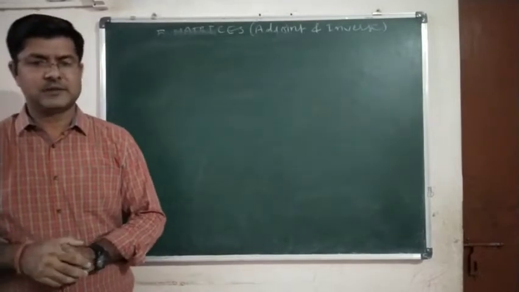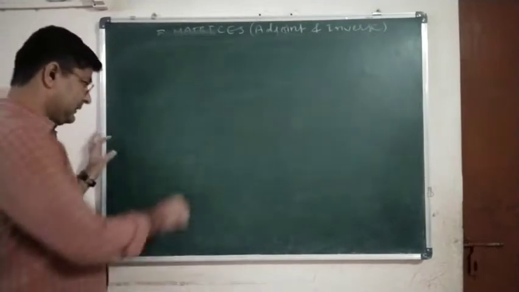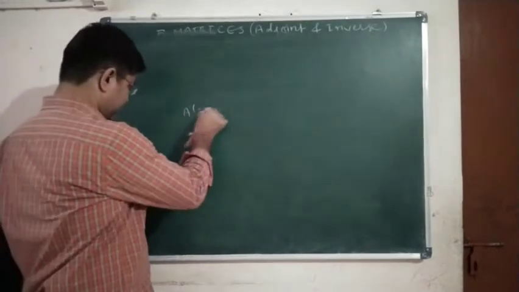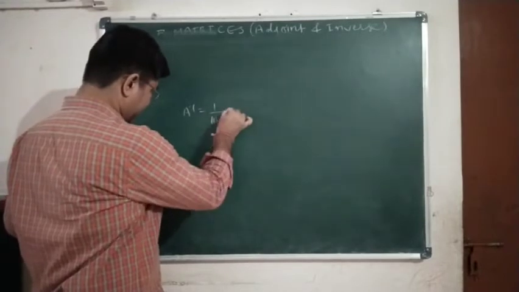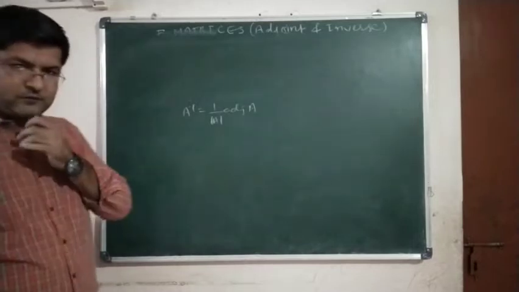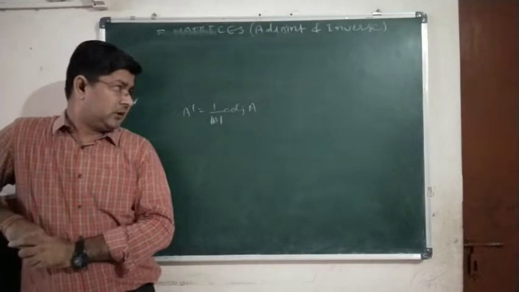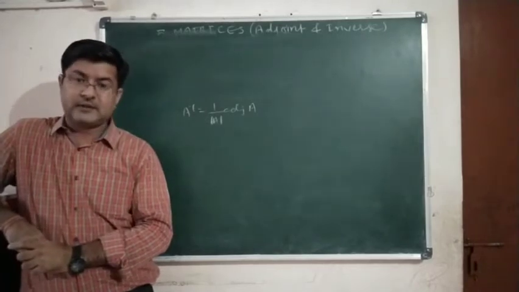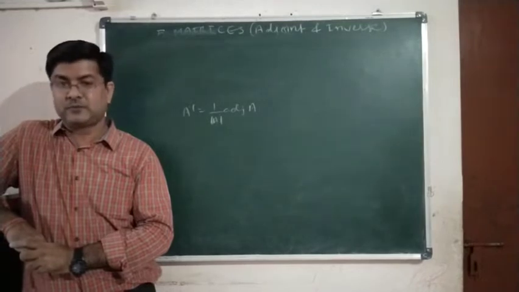Okay, now inverse can be found, one, using the formula I have given you, that A inverse is equal to 1 upon determinant of A into adjoint of A. Yes or no? The derivation of the formula we have also seen. Clear? Another way of finding the inverse is by elementary row transformation.